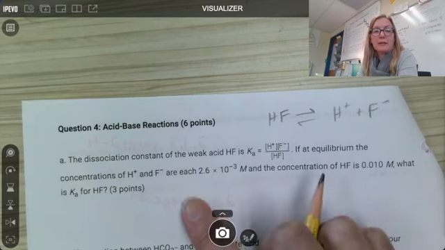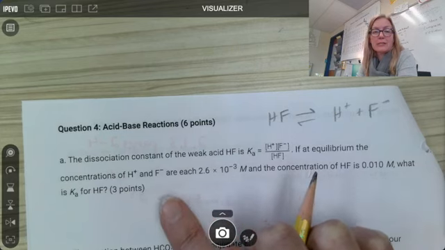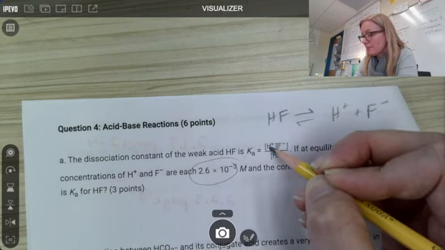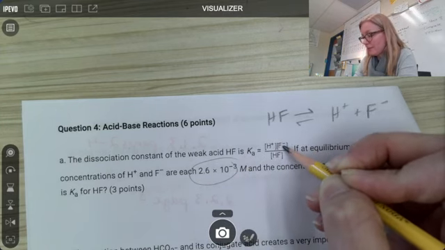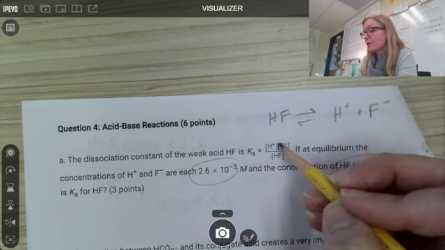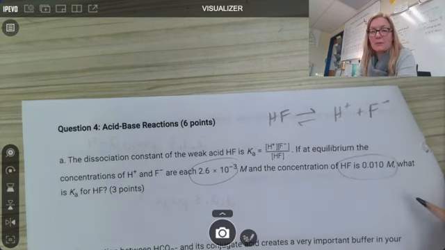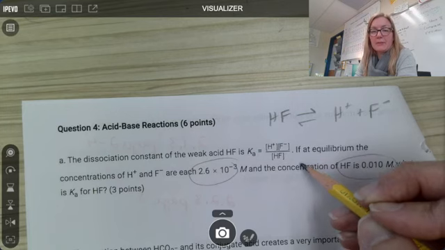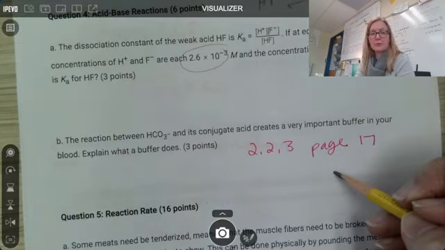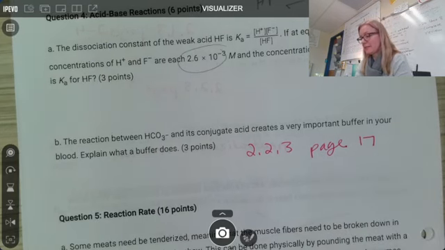So they're telling you the concentration of H plus and F minus are that. So you're going to plug this number in here. You're going to plug the same number in there. And then you're going to divide it by this number. And you're going to multiply them by each other because they're next to each other. And then you're going to divide it by this number, and that will give you the value for Ka. And then for part B, do 2.2.3, page 17.